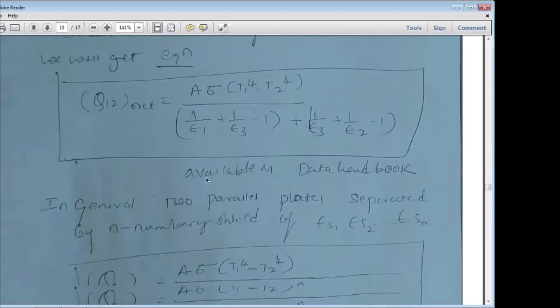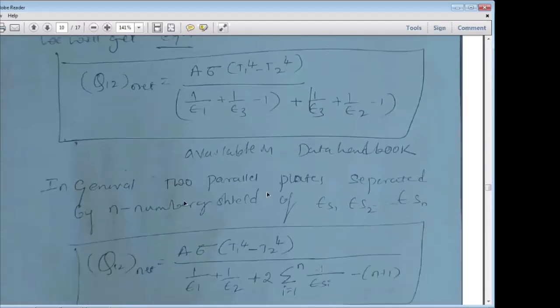In general, consider two parallel plates separated by n number of shields.